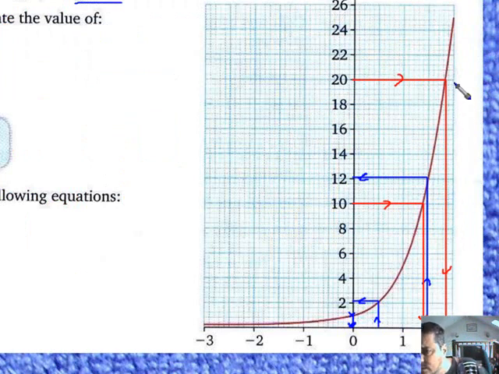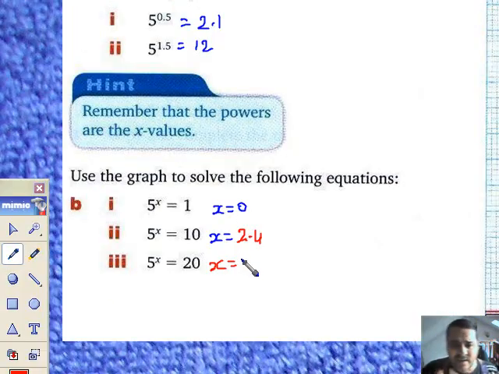Or is it 2 squares? Hard to tell. I'm going for 2 squares, so I'm going to make that 1.8. It's the best I can. It may even be 1.9. It's not overly accurate. 1.8, go on, leave it like that. Can't argue about it. So 5 to the power of 1.8 is approximately 20. That's what we're chatting about here. And that's question 1 done, reading off a curve.